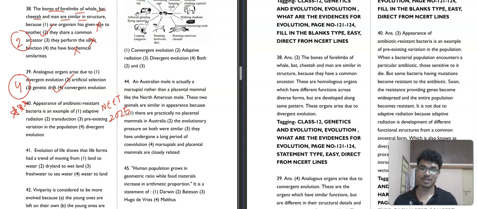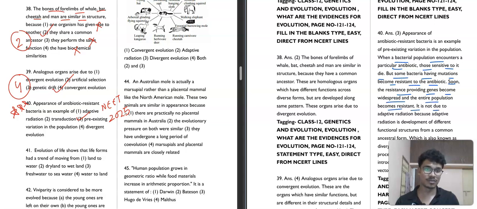The appearance of antibiotic resistant bacteria is an example of pre-existing variation in population. So what does this mean? Basically, when a bacteria population encounters a particular antibiotic, those sensitive to it die. But some bacteria having mutations become resistant to the antibiotic. Soon the resistance providing genes become widespread and the entire population becomes resistant.